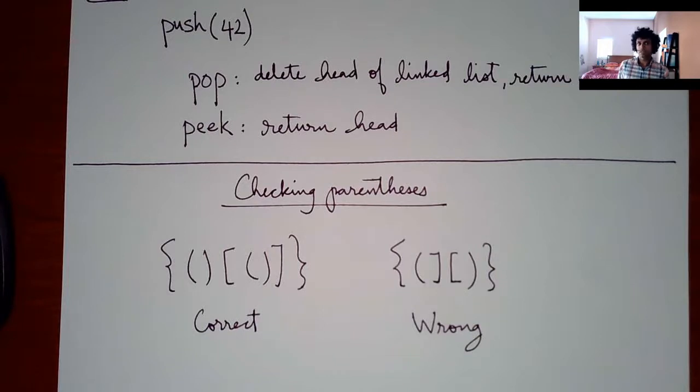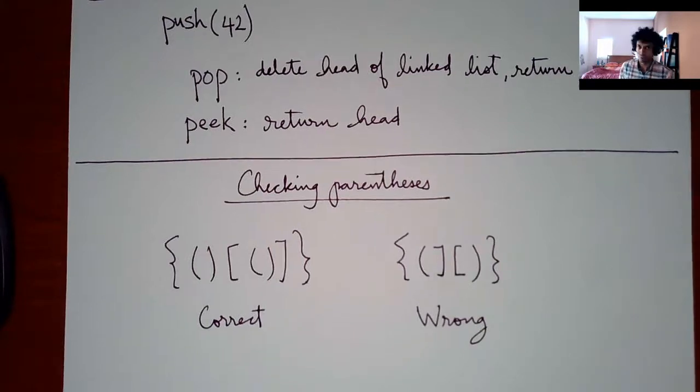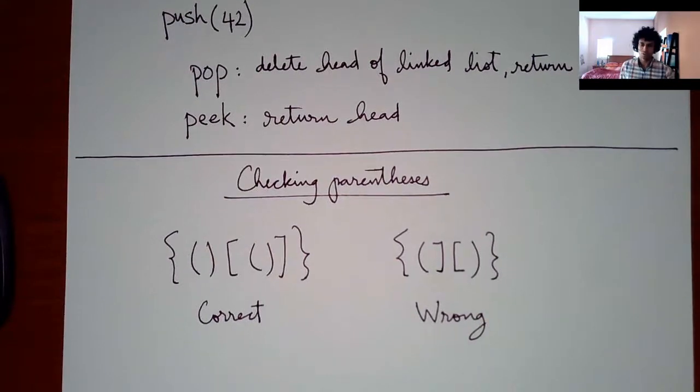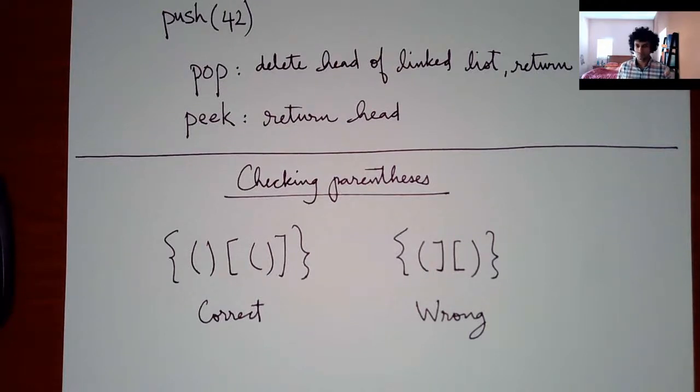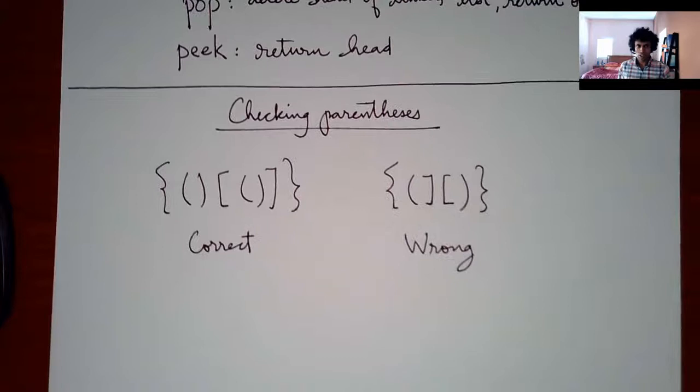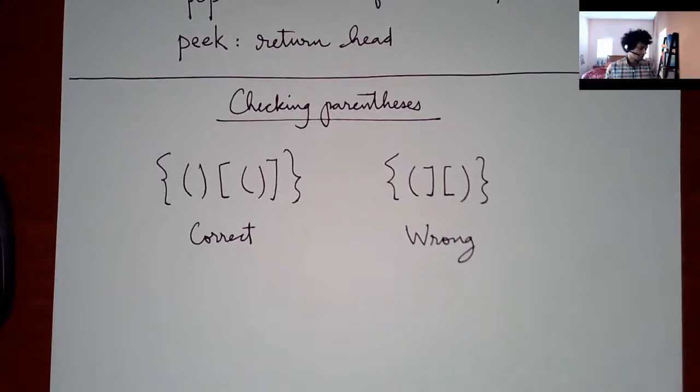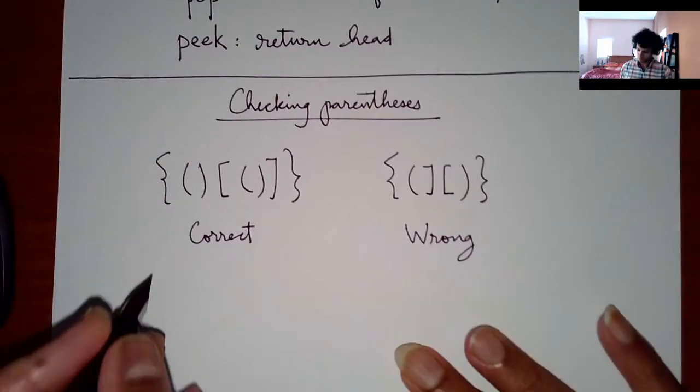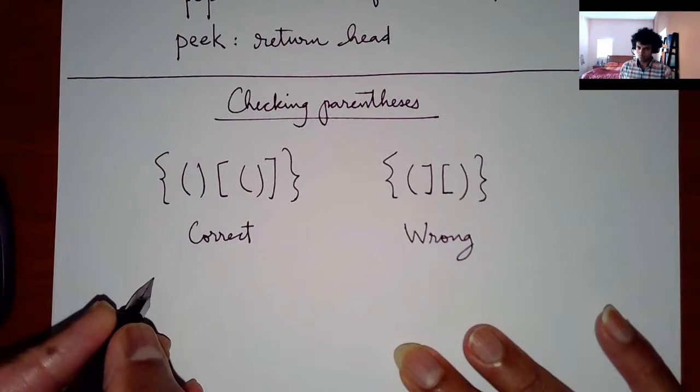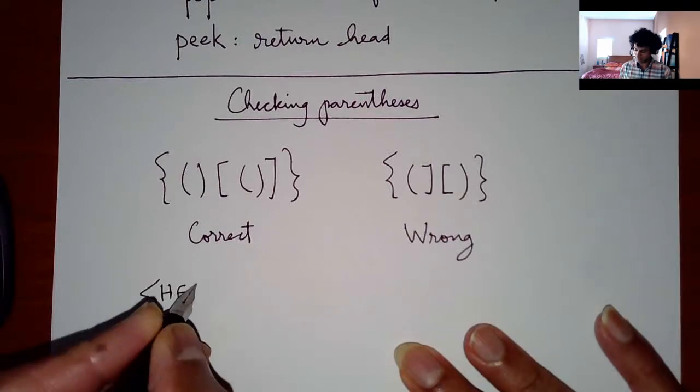Where do you think something like that comes up? Things like this come up every day. You are implicitly using such an algorithm every day when you compile code. Exactly, G++ or GCC has it. Or those of you who are familiar with HTML would know that HTML has these tags like head, right?